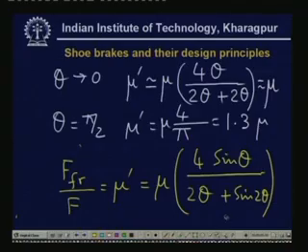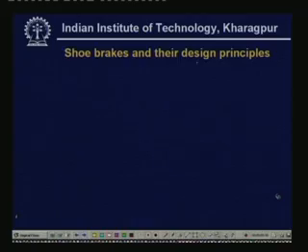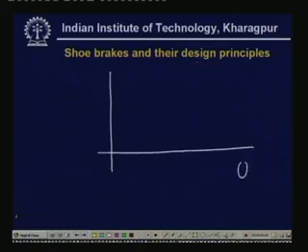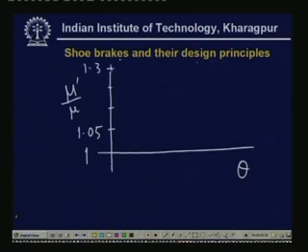Now, it could be plotted. Normally in handbooks you can see those plots, and from these plots what could be seen is that if you plot theta against mu prime by mu, this particular factor, it starts from 1, then 1.05 and so on, and goes to, let us say, 1.3, something like that.